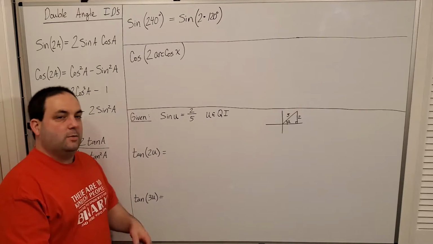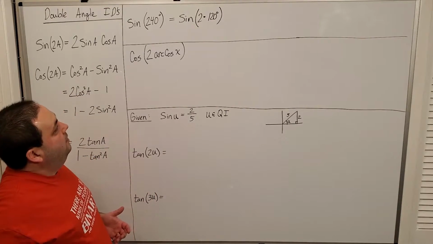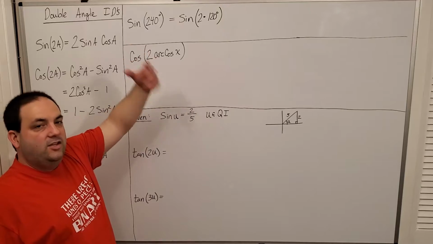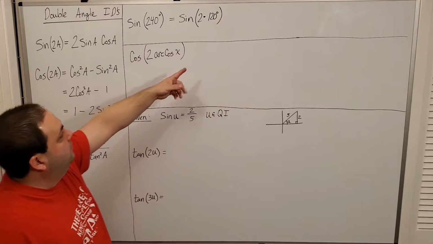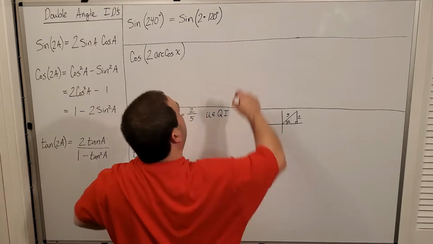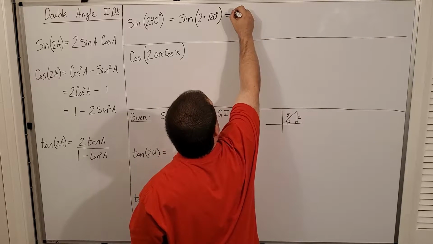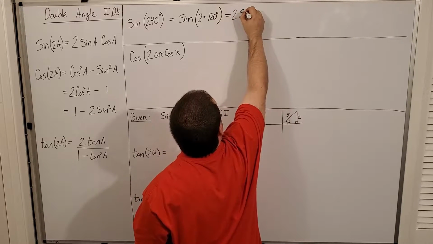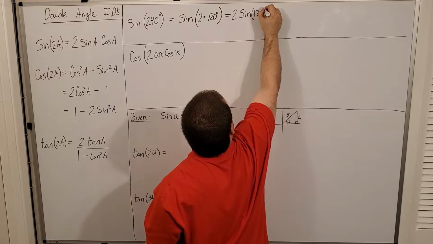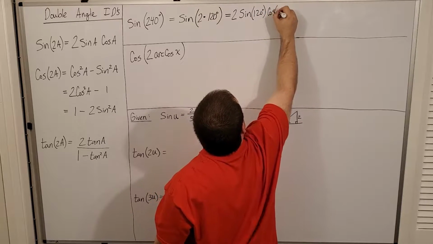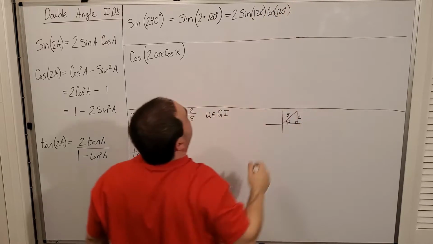Okay, so that's what it means to be in a double angle situation. I'm going to be taking it as the double of some angle. So 120 is my angle in question. Now, that's going to be 2 sine of 120 degrees cosine of 120 degrees.